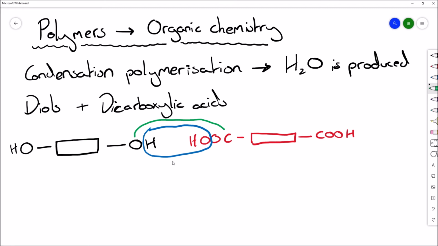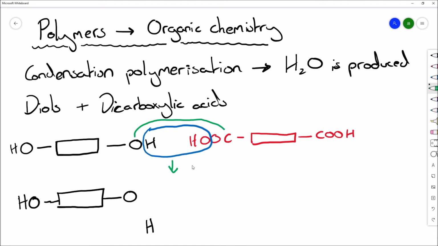So in the end it will look like, draw an arrow down to show you what it will look like at the end. We'll have the HO this side. It will go to the O here. But then this hydrogen's gone, so that's H there. Now we've got this side.